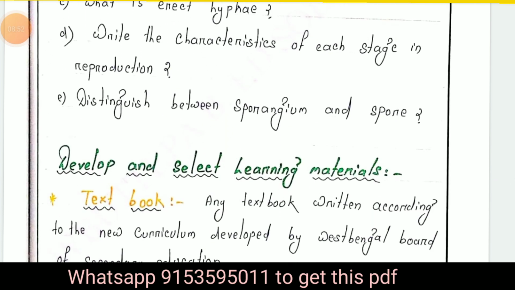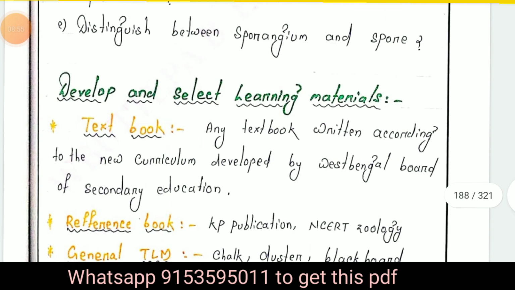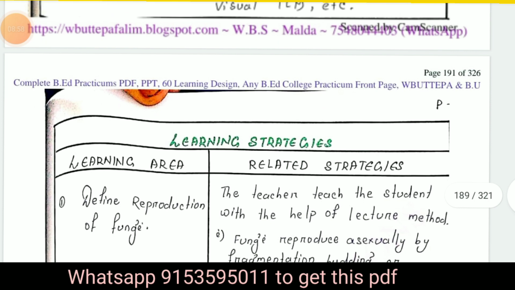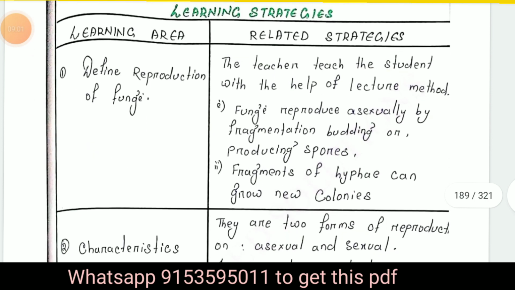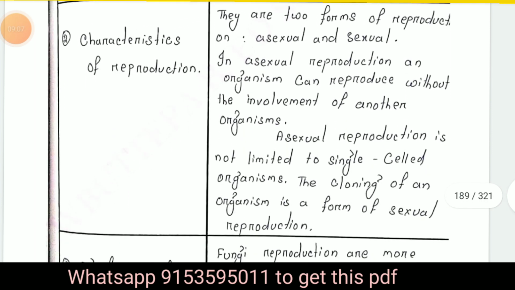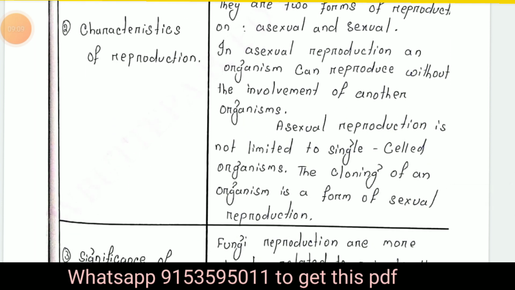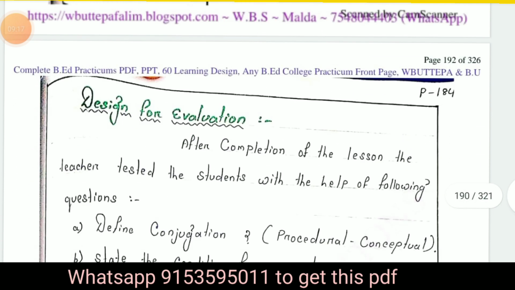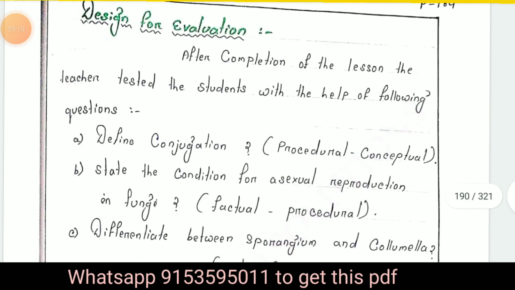Develop and select learning materials: textbook, reference book, general TLM, specific TLM. Design for evaluation. After completion of the lesson, the teacher tests the students with the help of the following questions.